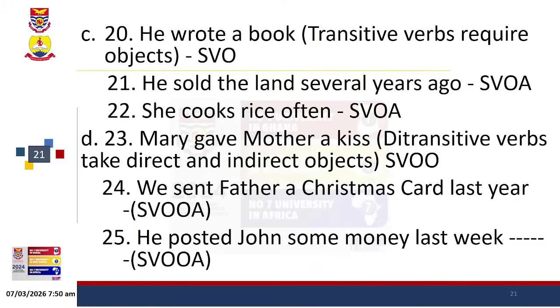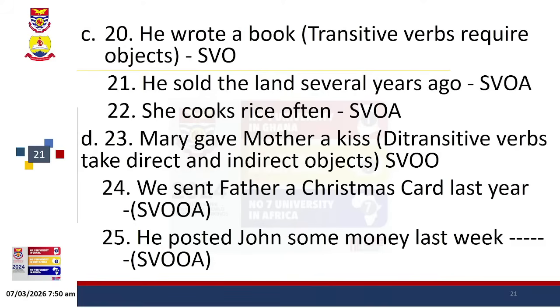Okay. In 21, he sold the land several years ago. He is the action doer, the agent, the person that is doing something. Sold is the action. The land is what is being affected by the verb. So what did he sell? He sold the land. When did he sell the land? Several years ago.